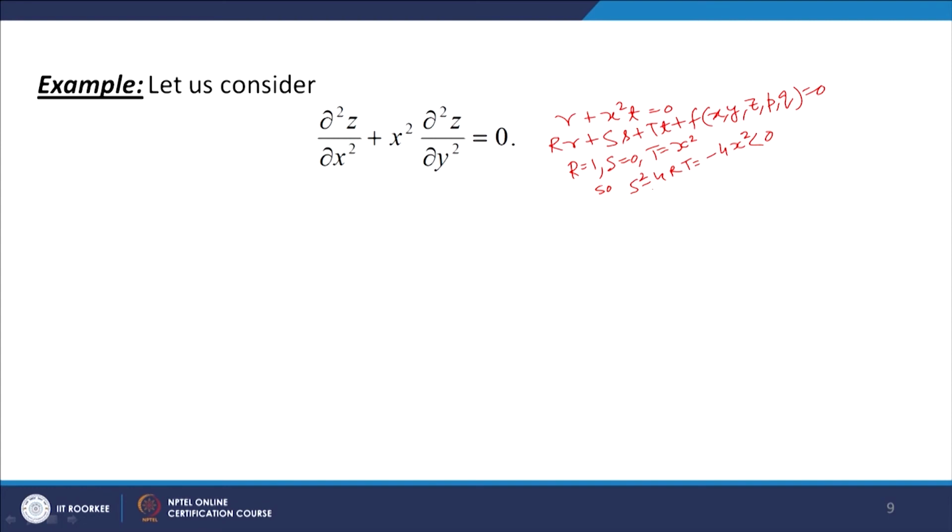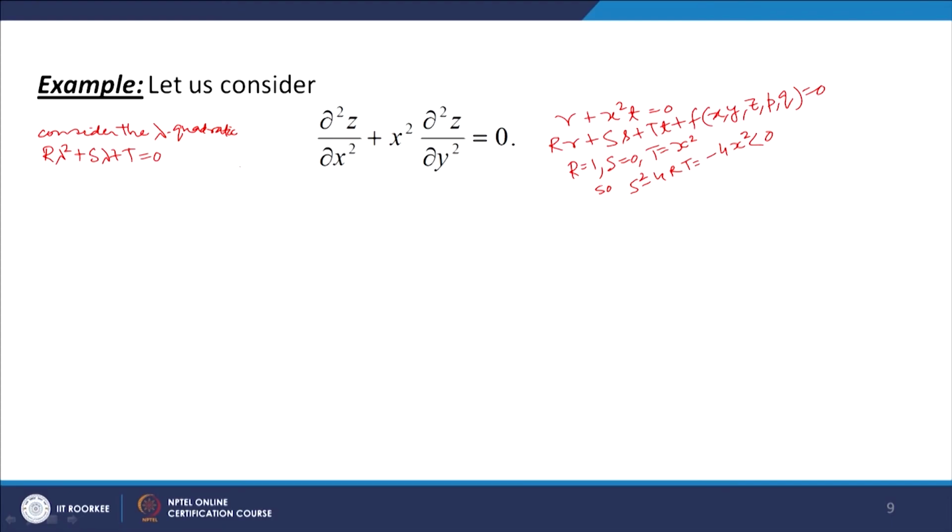Now, let us write. So, here the roots are complex conjugates, lambda 1 and lambda 2 are complex conjugates. Let us find lambda 1 and lambda 2. So, consider the lambda quadratic, R lambda square plus S lambda plus t equal to 0.